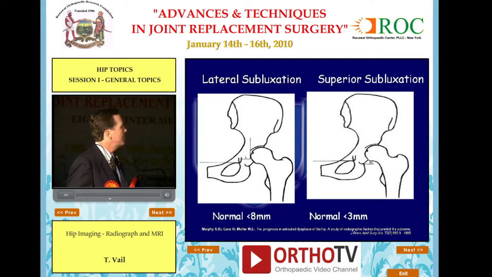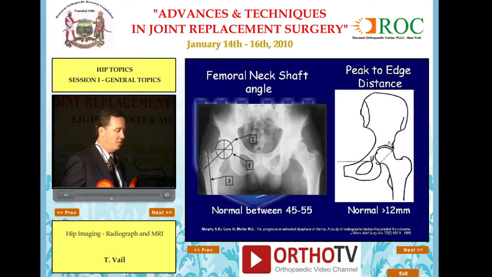While I've quoted you some numbers here, there's not empirically a right or a wrong, but it's something that you would want to compare over time. And if you're contemplating hip replacement, how does your reconstruction re-approximate the normal? The femoral neck shaft angle, pretty obvious. The peak to edge distance, another measure of hip coverage.